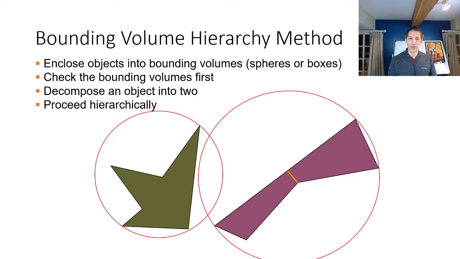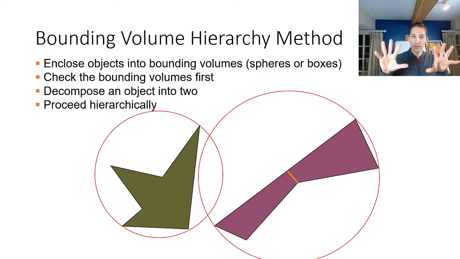The idea is this: we'll enclose the objects in bounding volumes. Rather than checking collisions with the underlying triangles, we'll test the bounding volumes first. If the bounding volumes don't overlap, then we can throw out any possible collision, because the bounding volumes contain everything that's part of the geometry within them.